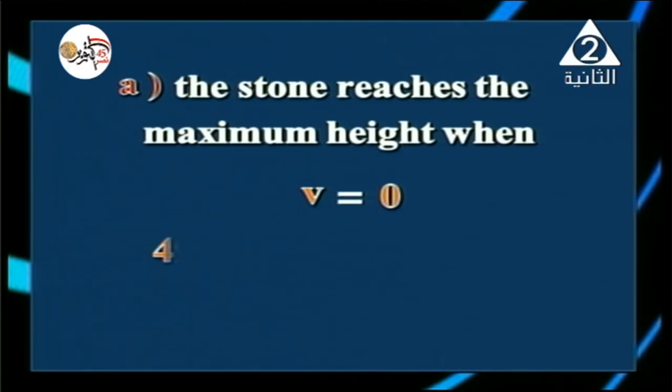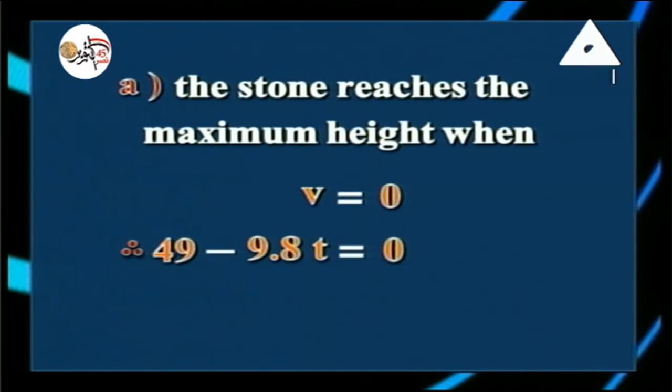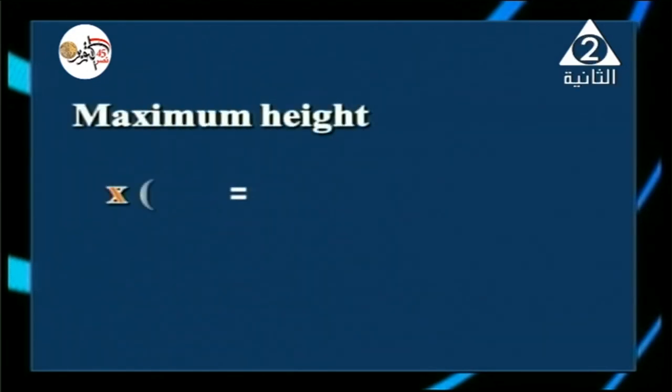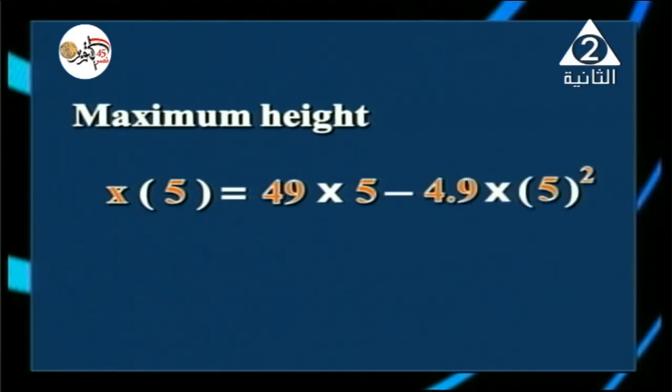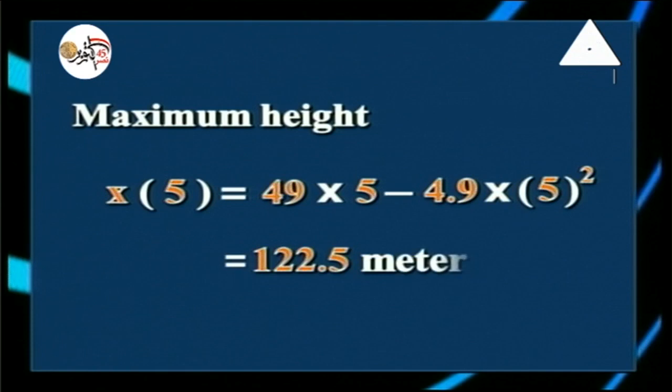Therefore, 49 minus 9.8 t equals 0. We find the value of t equals 5 seconds. The maximum height is at t equal 5. We substitute t equal 5: maximum height equals 49 times 5 minus 4.9 multiplied by 5 square.